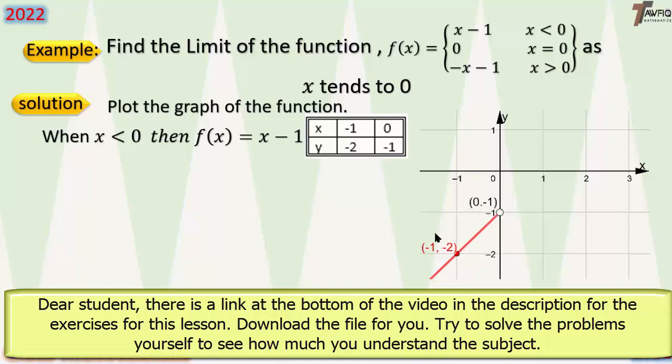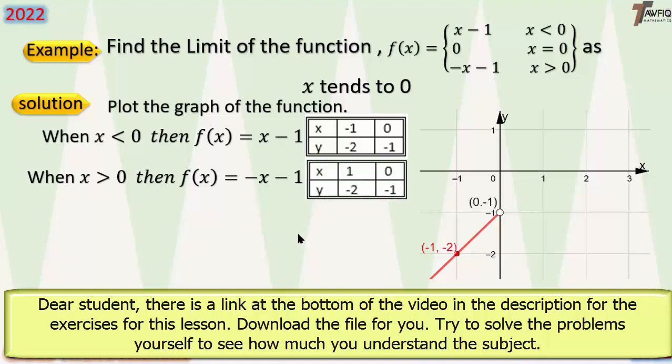And we take the third part, when x is bigger than 0, then f(x) is minus x minus 1. Again, take 2 points. One of them must be 0 and the other bigger than 0, which is 1. When we replace 1 here, it is minus 1 minus 1, which is minus 2.